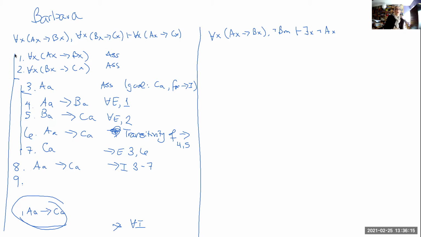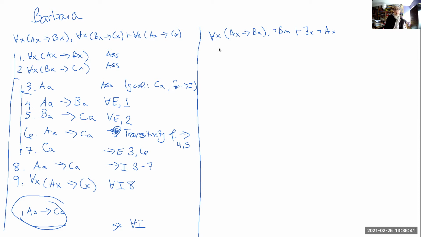You go up, lines 1 and 2, no constants. The fact that A occurs in line 3 is not relevant because line 8 does not depend on line 3. So we have met our provisos. We can do universal introduction on line 8, and that is what we wanted to prove. Hurrah!